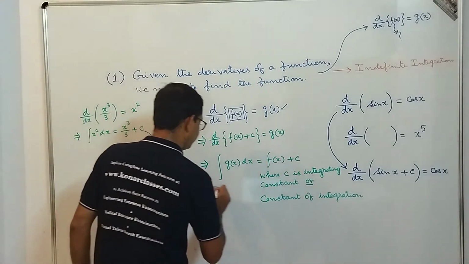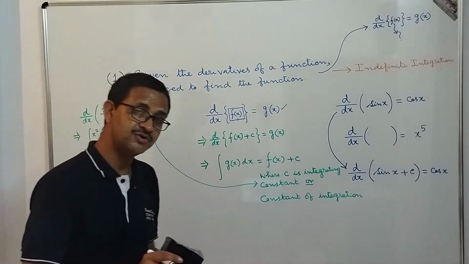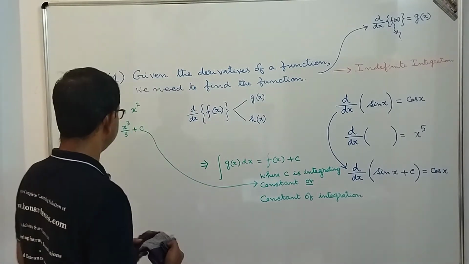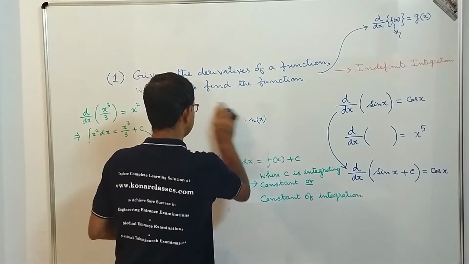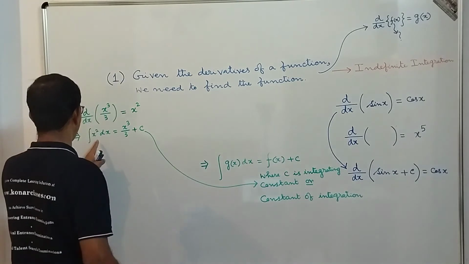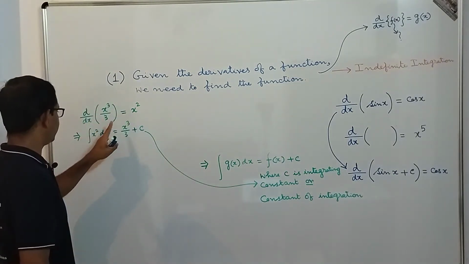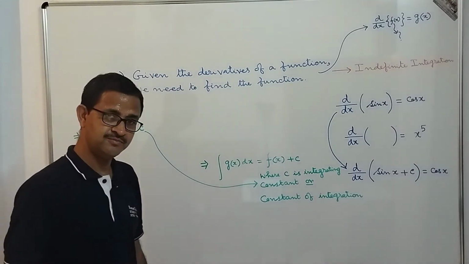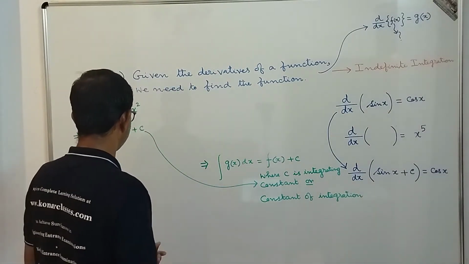Always remember the same thing, that c is the integrating constant or constant of integration. Now let's proceed to the next one: the moment we see that d/dx of x cube by 3 is equal to x square, then the integral of x square dx is equal to x cube by 3.